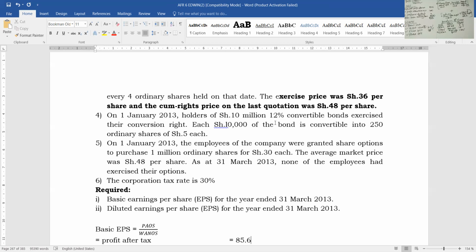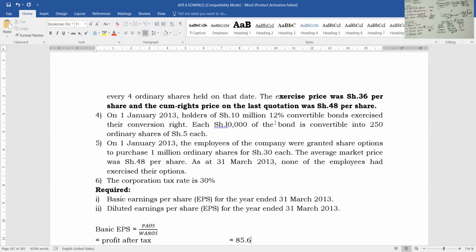So this convertible bond will be part of our securities when doing diluted earnings per share. But it will only be considered here because part of it was specifically converted to ordinary shares. Under note 4, on 1st January 2013, holders of 10 million, 12% convertible bonds exercised their conversion right.